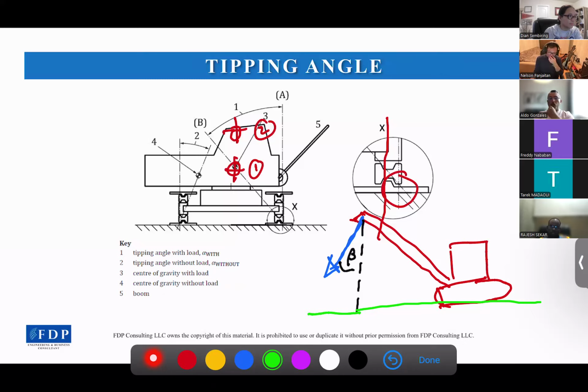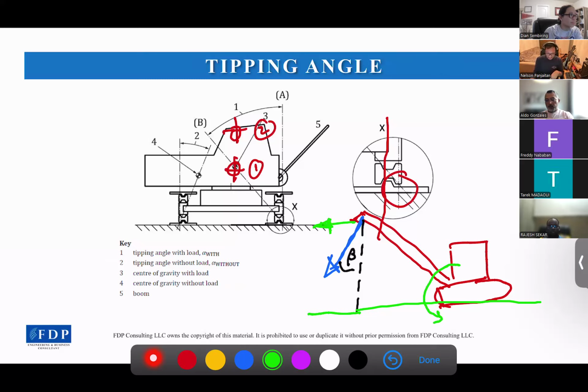So practically speaking, the tilting on the part line will create an additional moment to the crane's equilibrium. In other words, there will be an additional moment here created by this projected force because of the tilting.